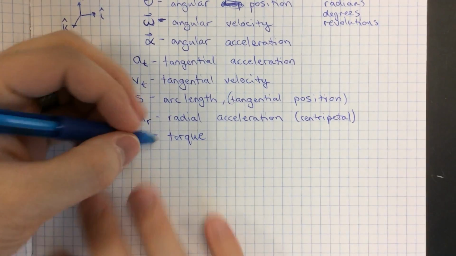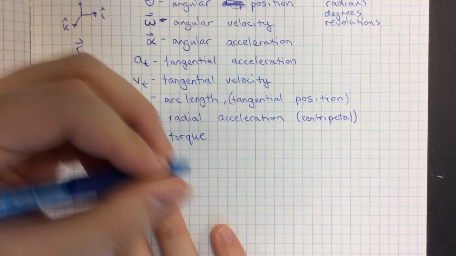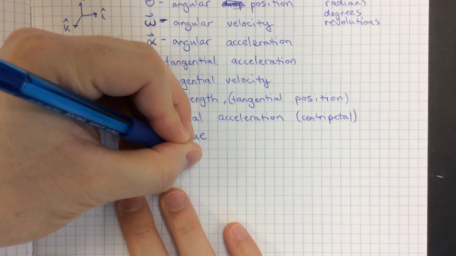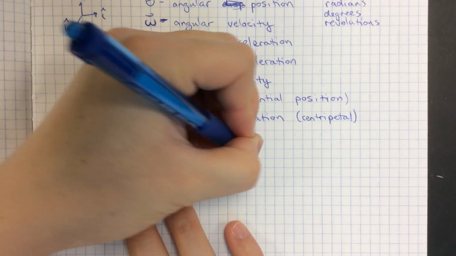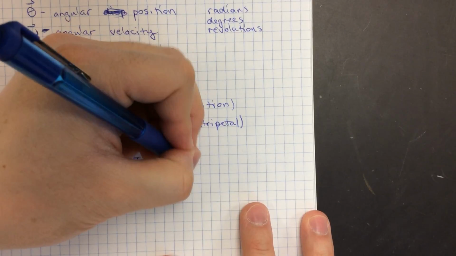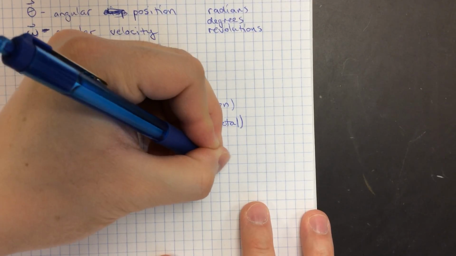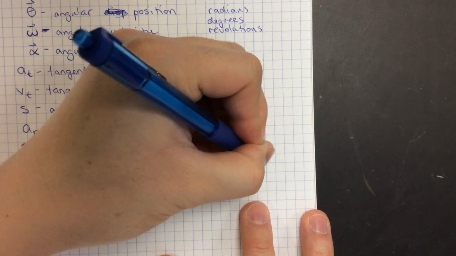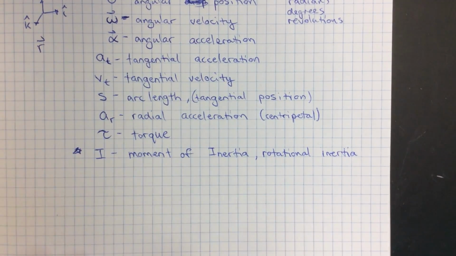Now I'm going to add a couple other ones. We're going to have I. It's called the moment of inertia. Sometimes it is called rotational inertia. This is a new one, I'll put a star on it.